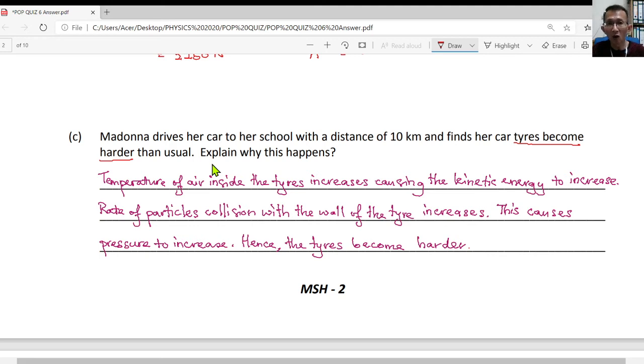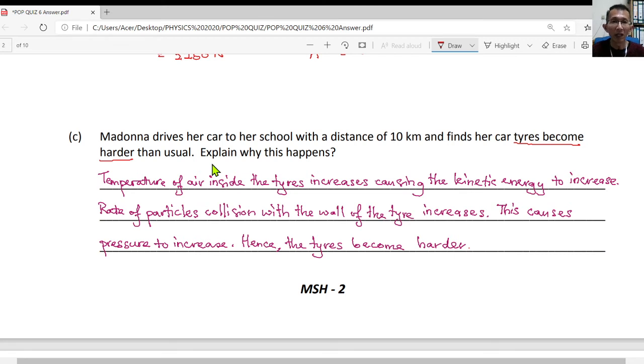And then what causes pressure in the tire? It is the collisions of the air particles in the tire with the wall of the tire. All right, so the higher the collision, then the higher the pressure, I mean the rate of collision.